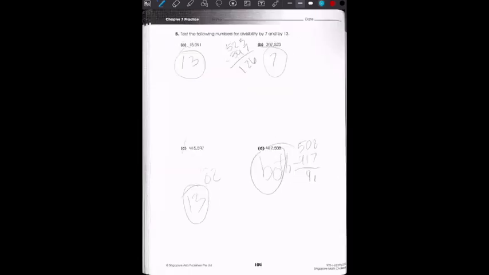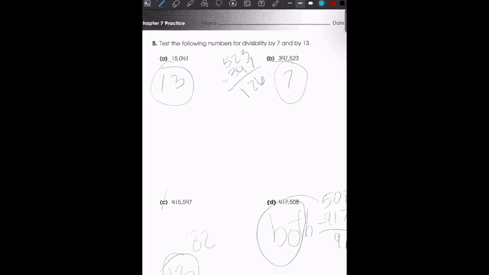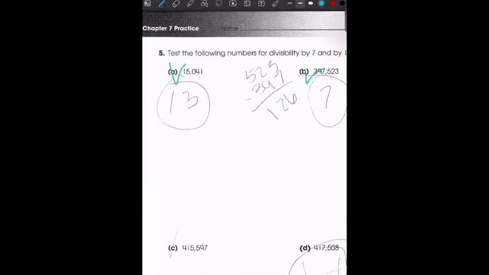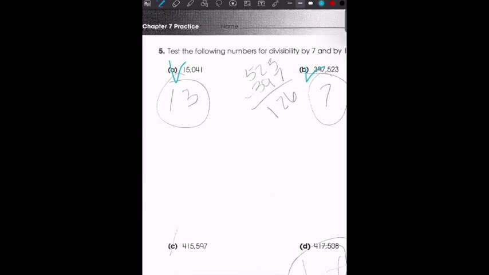Now we're going to check for divisibility by 7 and by 13. So we're only going to look at A and B. For A, for divisibility by 7 and by 13, the rule was that we look at the last three digits and look at the preceding digits.